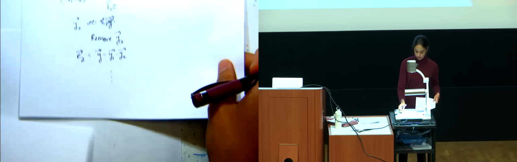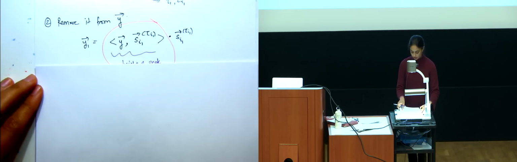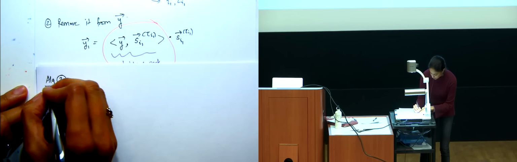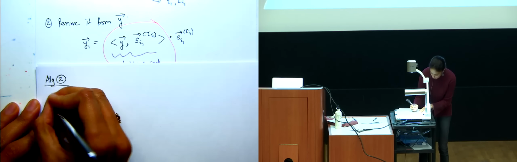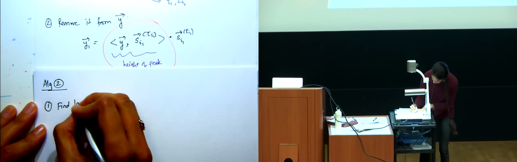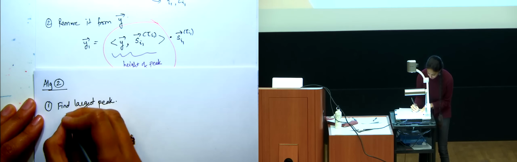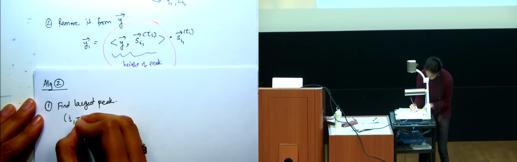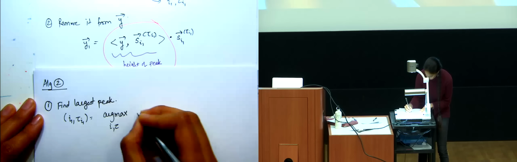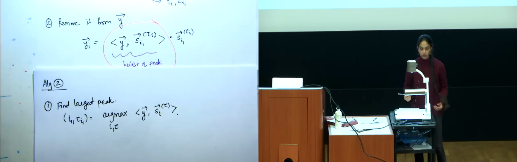So I'll keep this here, but our algorithm 2 that we're going to try now is very similar. The first step is exactly the same. Find the largest peak. And this is again I, tau I. Okay?